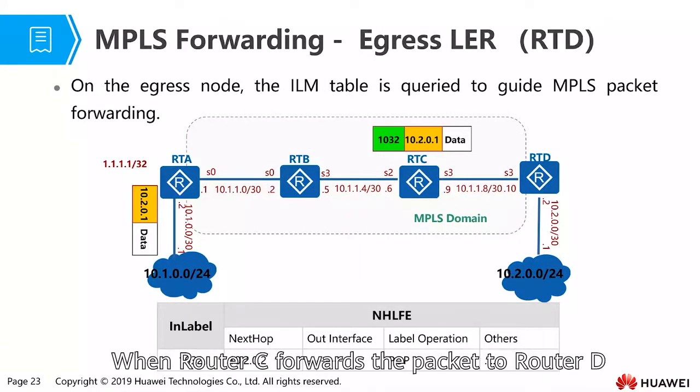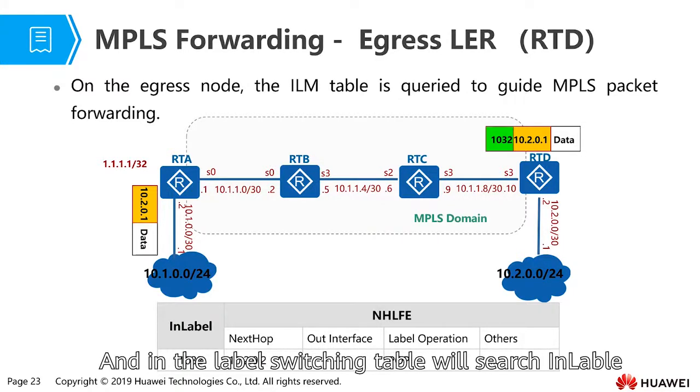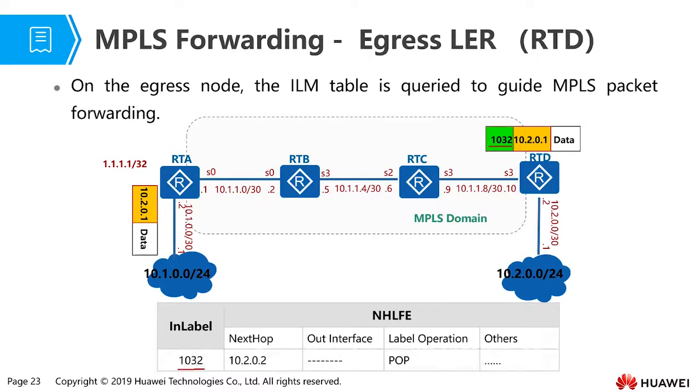When router C forwards the packet to router D, on router D it is still the same. We will search the label switching table, and we will find the in label is 1032. For this in label, we will find the corresponding NHLFE.